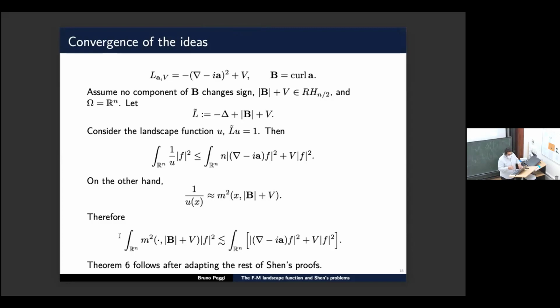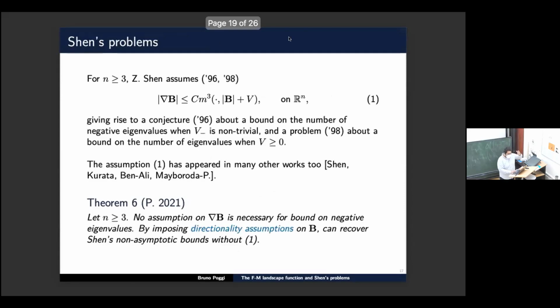So then, for instance, the theorems of Shen, Kurata, and Ben Ali, Mayboroda, and myself, all of these will follow basically from using this proof now. So, final thing, I'm trading the assumption on the gradient of the magnetic field, this assumption 1, for just a directionality assumption on the magnetic field, all right?